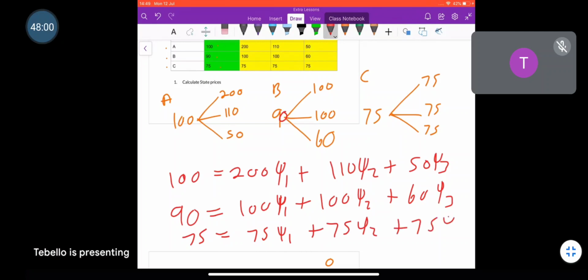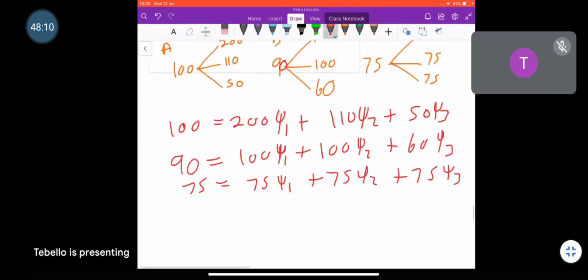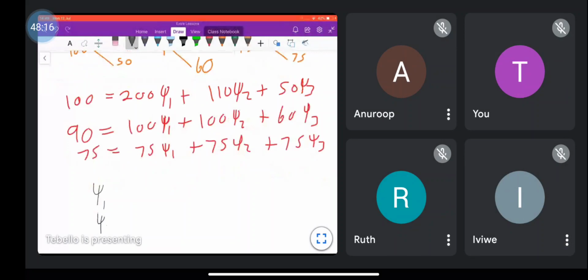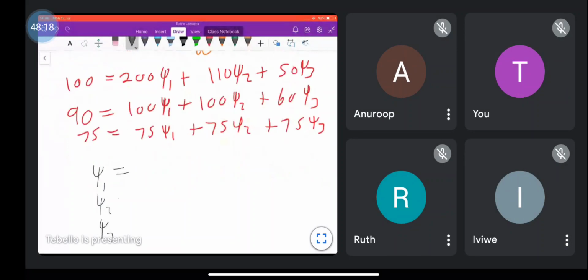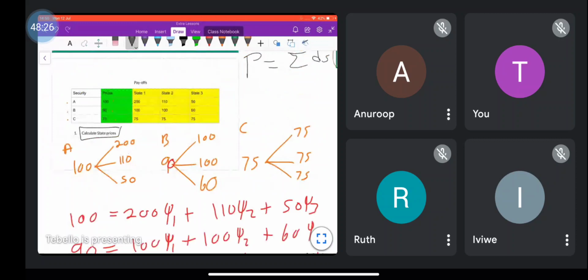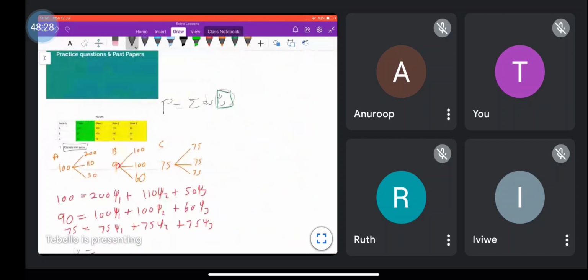So when you solve each of the state pricing, you are going to find a unique solution, and those answers you will find for theta 1, theta 2, and theta 3. This is what they are asking. This is what they mean by the state pricing. So this can be like 3 marks.